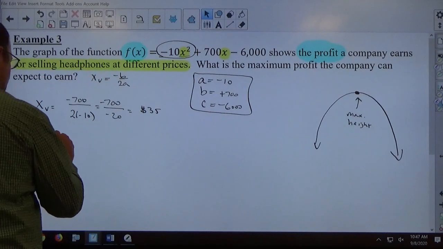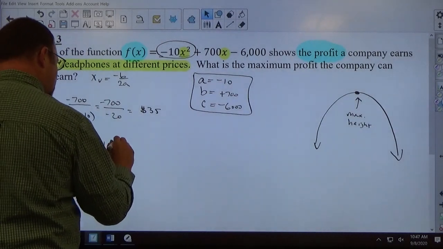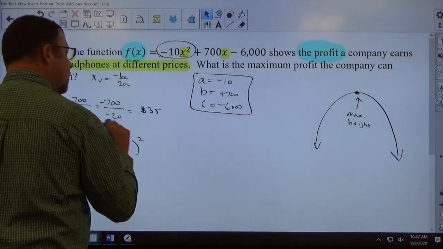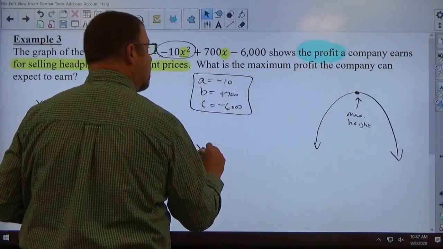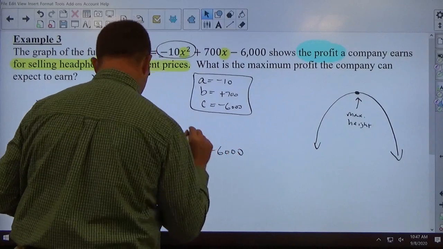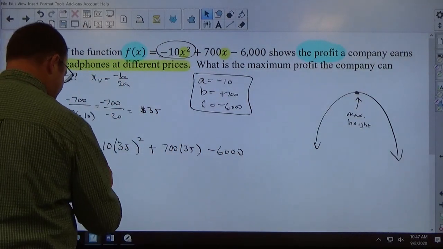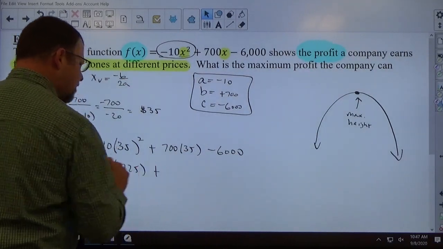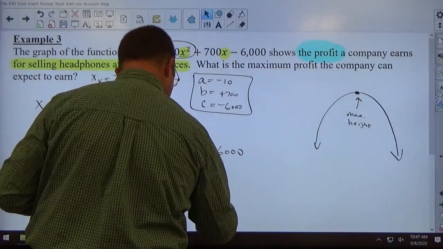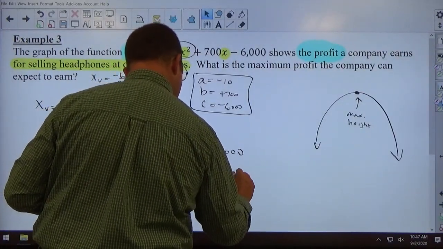So if I do f of 35, I'm going to get negative 10 times 35 squared plus 700 times 35 minus 6,000. So 35 squared is 1225. 700 times 35, 0, 5, carry the 3, 24,500.